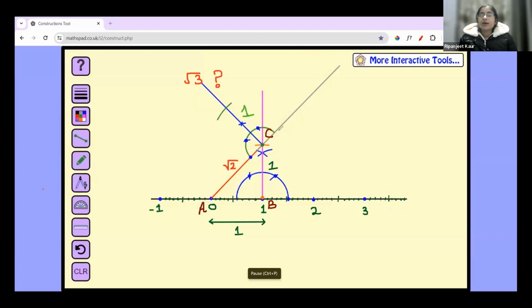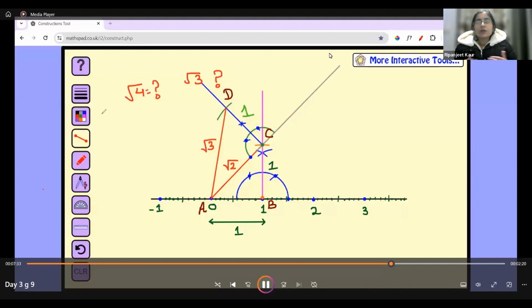Now this is root 2, and let us give this arc as the point D. Now just join A to D. So when we are joining A to D, this is nothing but, can you guess what it is? Yes, root 3. If we want to make root 4 on the number line, what can we do?